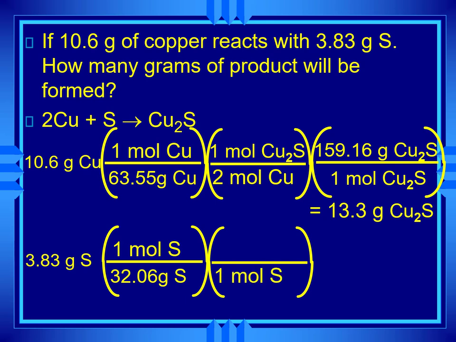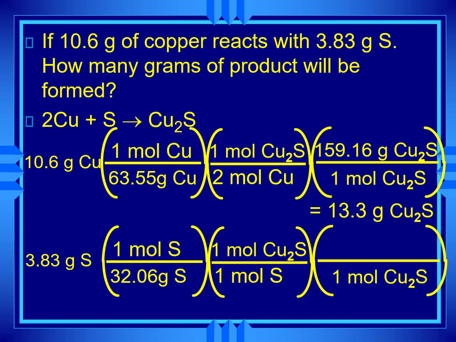Then change the moles of sulfur into moles of copper 1 sulfide, the same product. And then take the moles of copper 1 sulfide and turn them into grams of copper 1 sulfide like above. And if you type those buttons on your calculator, you'll get 19.0 grams of copper 1 sulfide.